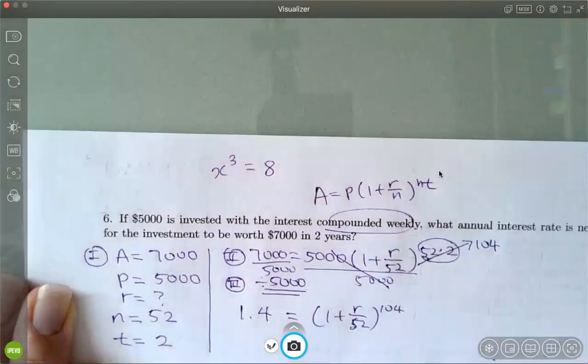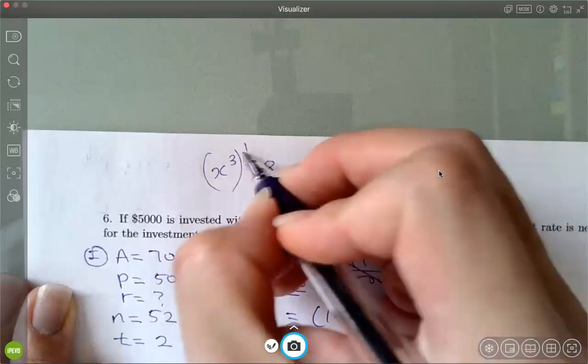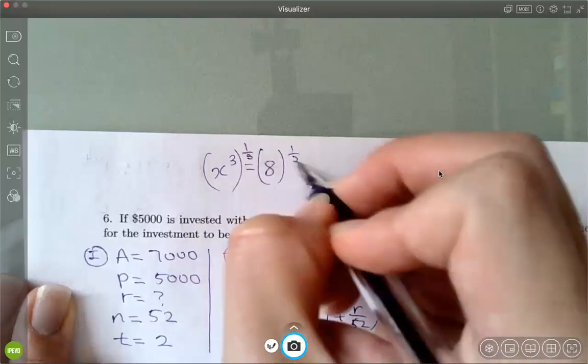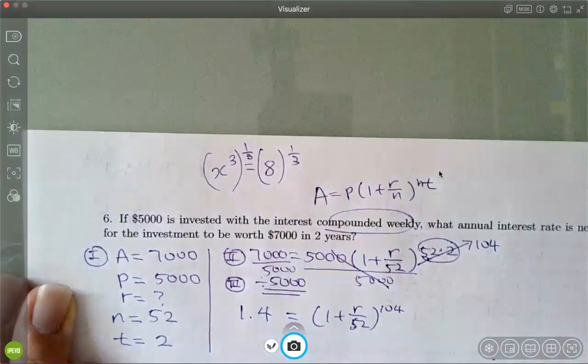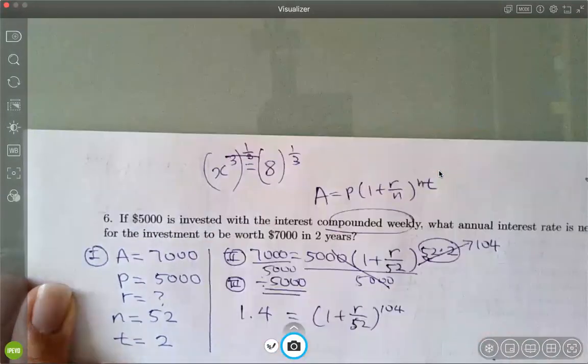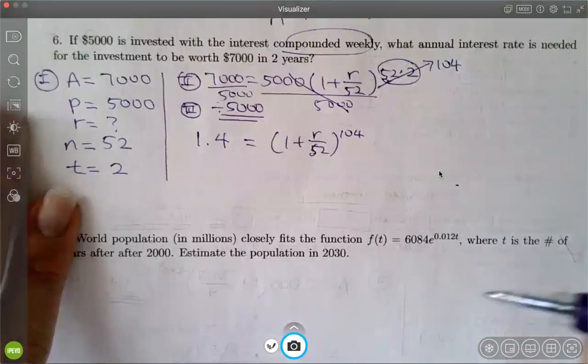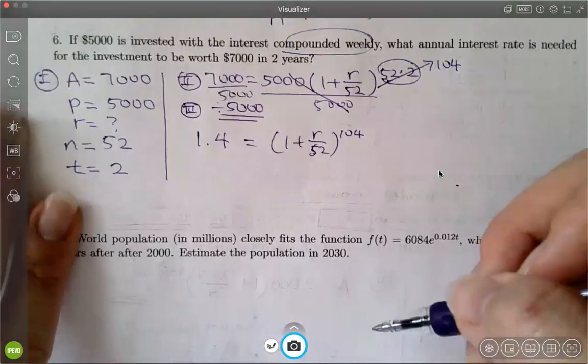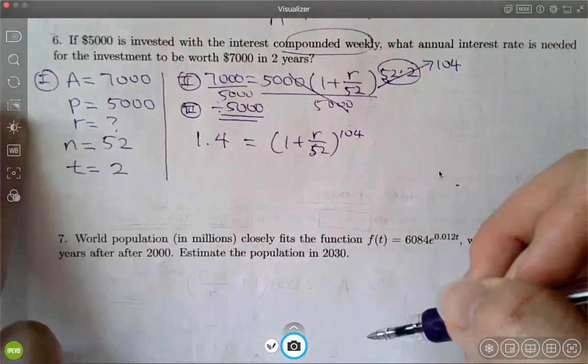You take the cube root, right? But in terms of the exponent, what does it mean? Then you can just remove that, right? Now, does it tell you the answer for this one? How do you remove 104?